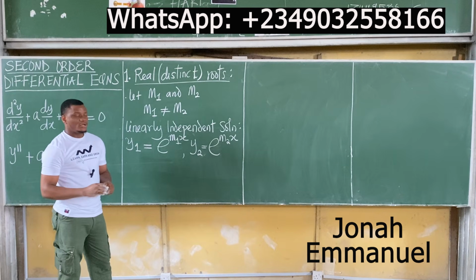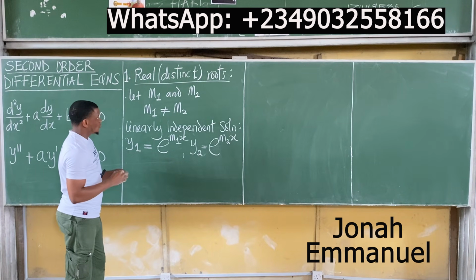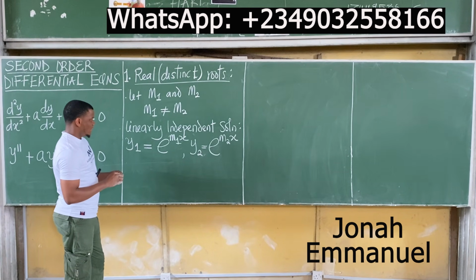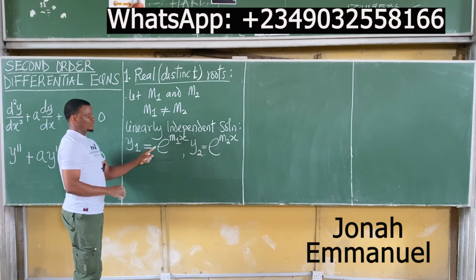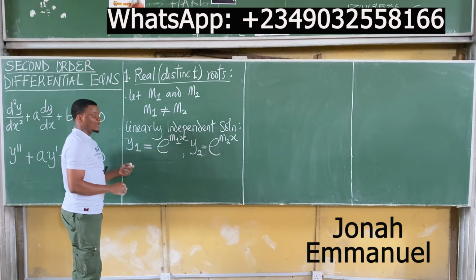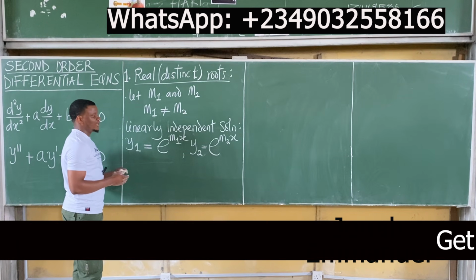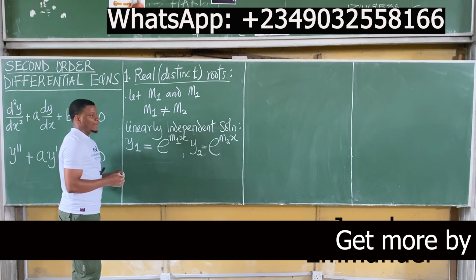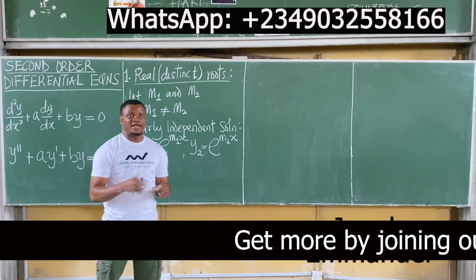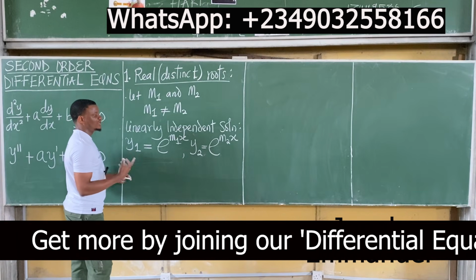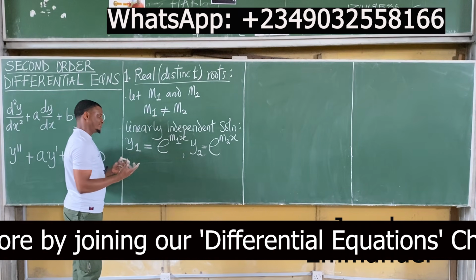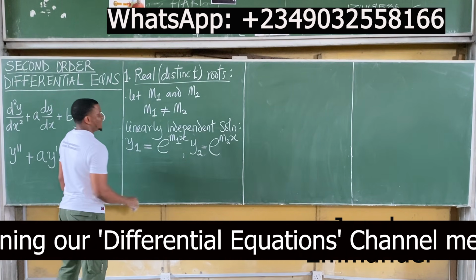So if I have two distinct roots, the linearly independent solutions are y1 equal to e^(m1x) and y2 equal to e^(m2x). This is done with the idea that you have a dy/dx function, that means I am differentiating with respect to x.